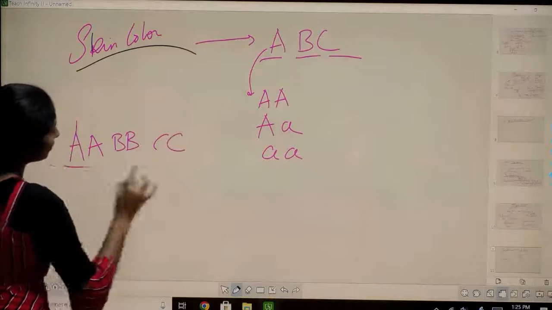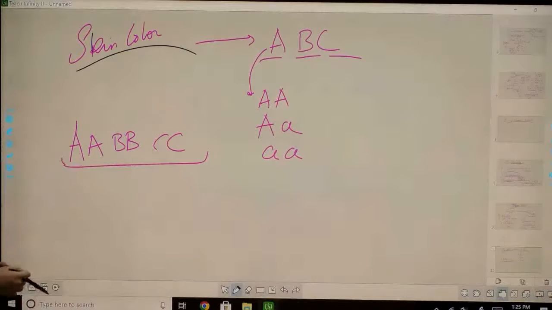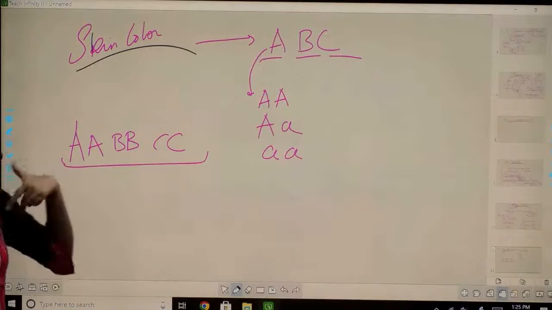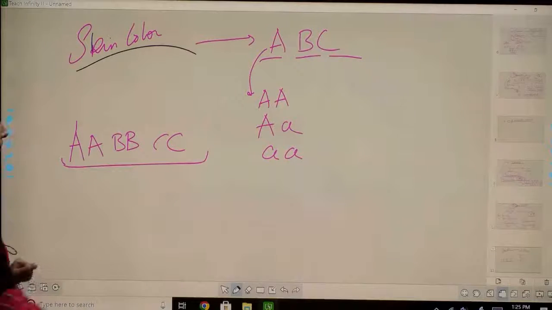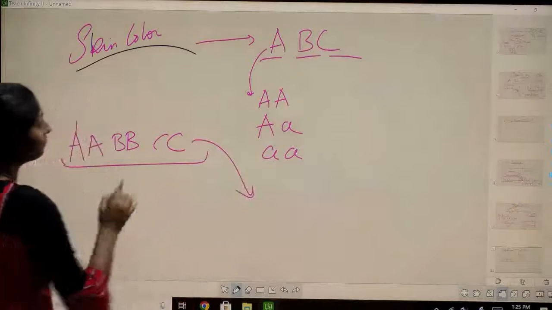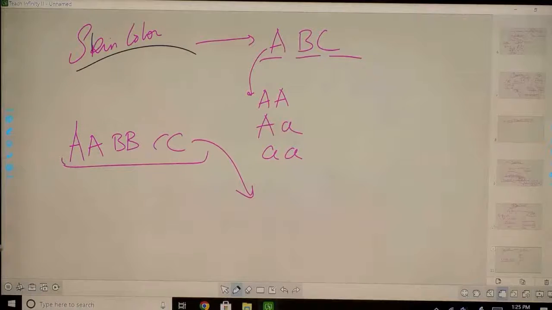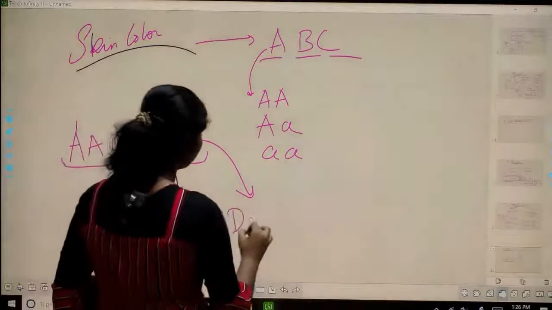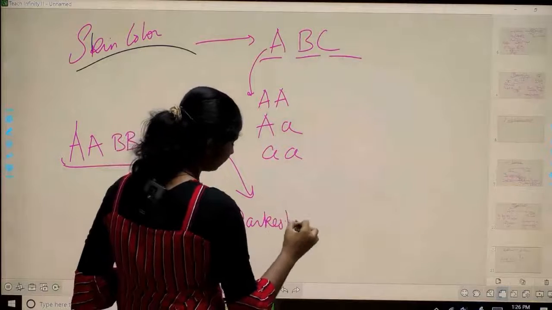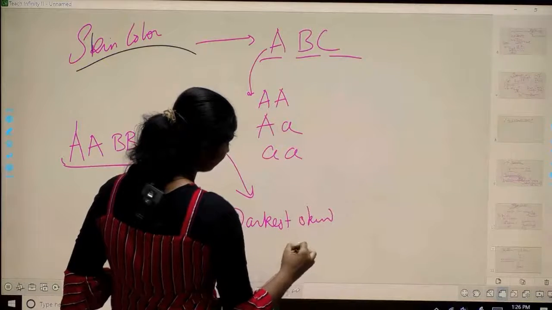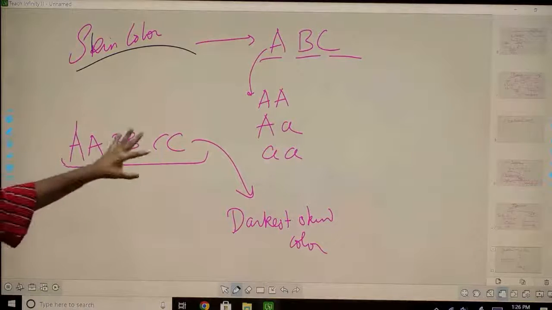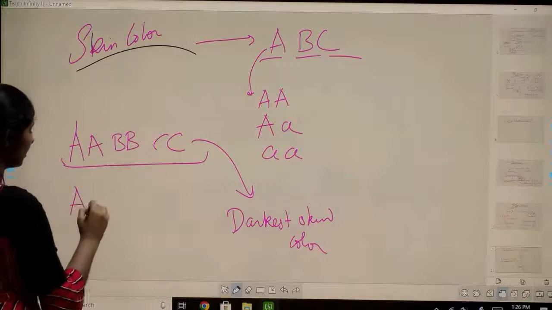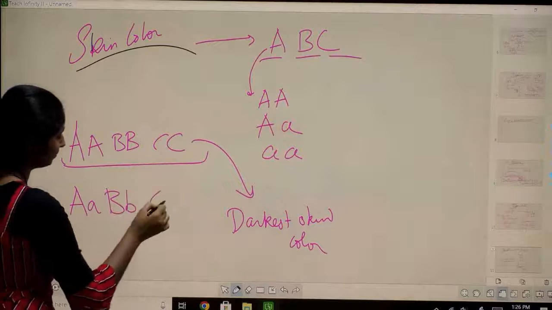When all the genes are in homozygous dominant condition, meaning all the genes are expressing themselves, they are producing the proteins and enzymes required, in that condition, the pigmentation will be at its maximum. So here, there will be the darkest skin color possible. Now what about when all the genes are in heterozygous condition?